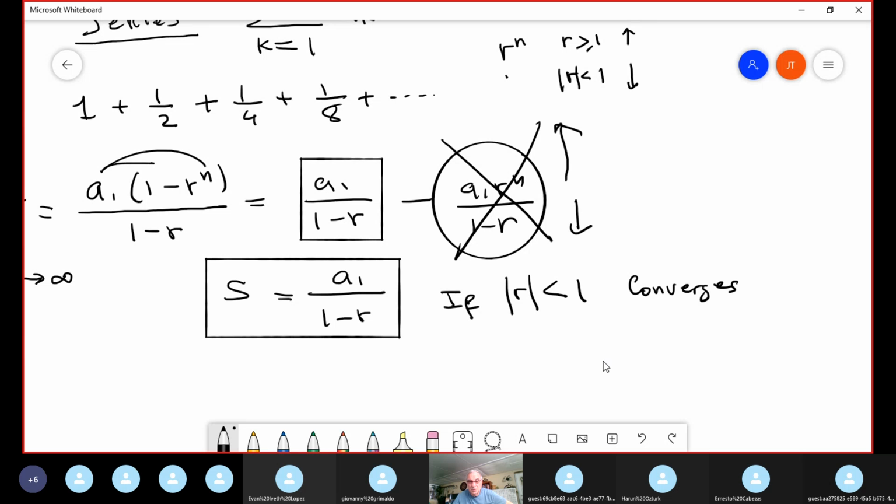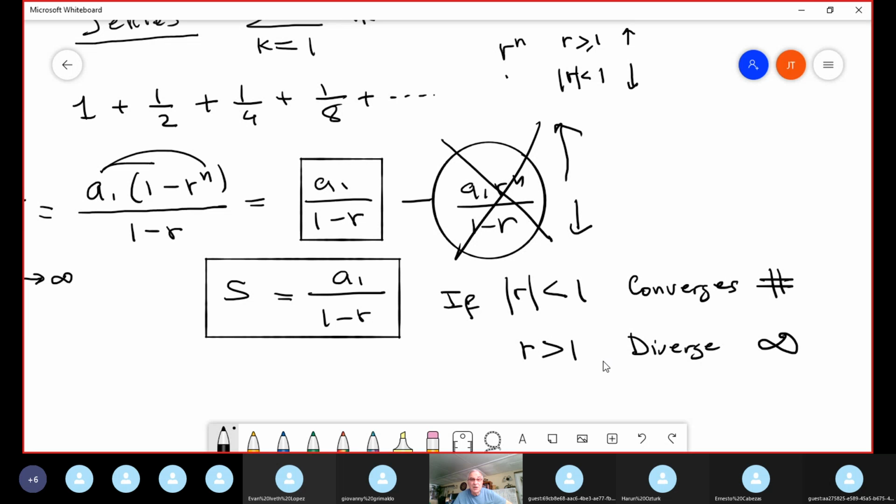This series converges to one specific number. Otherwise, if the absolute value of R is greater than 1, it is divergent. Divergent means that this summation is equal to infinity. Convergent means that this summation is equal to one number.